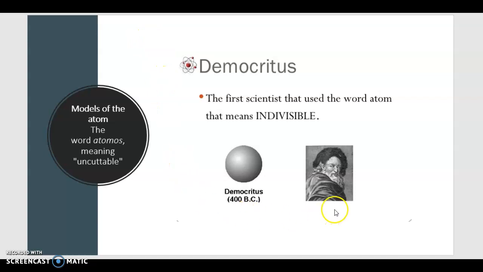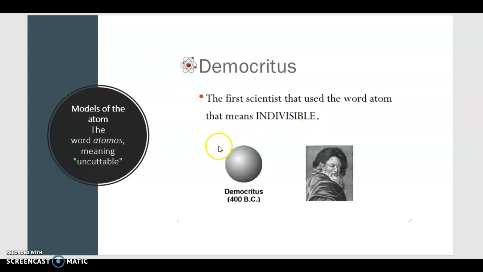idea about atoms goes way back in history to the early Greeks, and one guy, Democritus, described atoms as being indivisible. The Greek word for indivisible or uncuttable is atomos, which is where the word atom comes from.